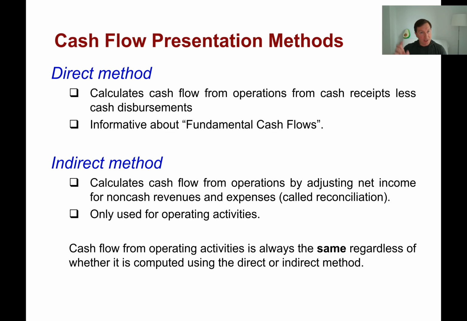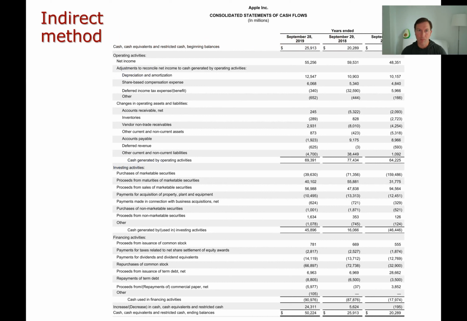Now, this distinction between direct and indirect is only relevant for the operating section of the cash flow statement. Investing and financing sections always follow direct method, right? They always list cash flows by type, for instance, cash spent on buying property, plant, equipment, and so on.